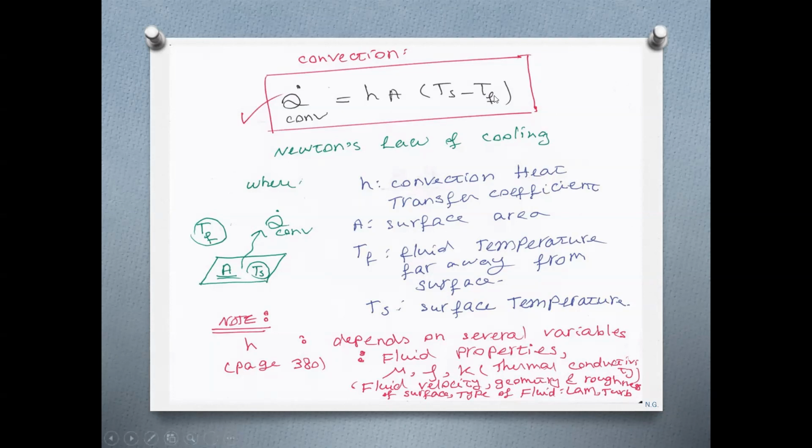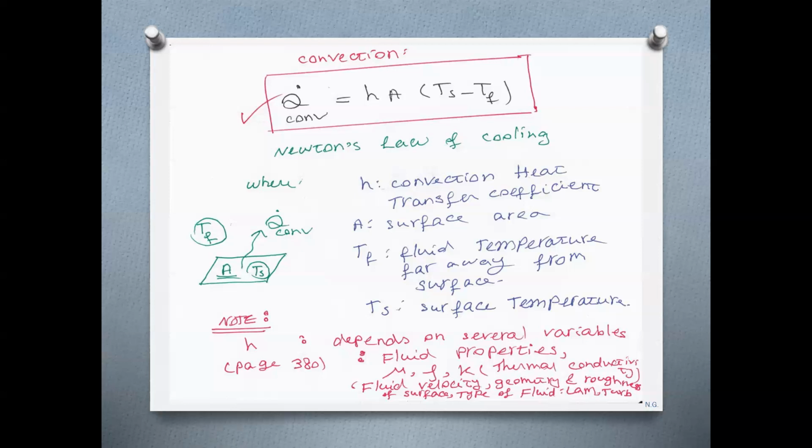But when we say Tf, we are referring to fluid temperature which is far away from the surface. And the h that you see here, convection coefficient, doesn't just depend on fluid. It's not a property of the fluid that you can get from the table.